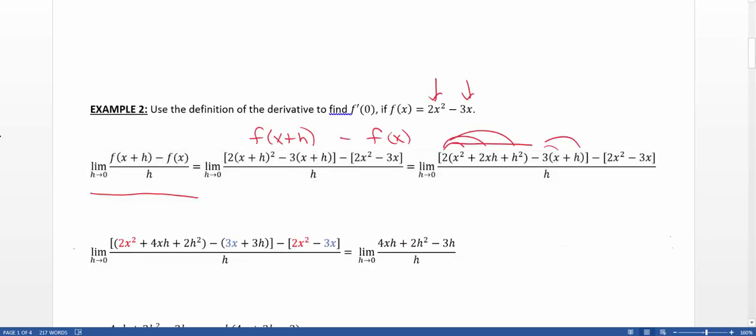After distributing, we get this result down here. So the 2 went in to multiply every term in the first parenthesis, and the 3 went in to multiply every term in the second parenthesis. I want you to notice that the first parenthesis has a 2x squared, and the very last parenthesis had a minus 2x squared.